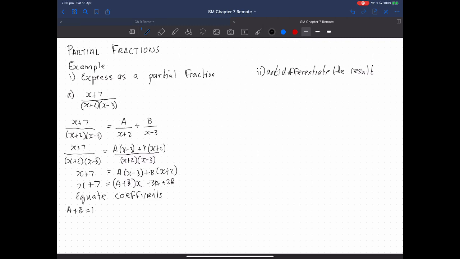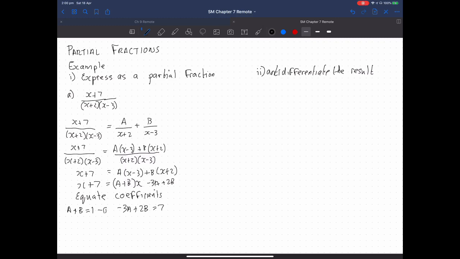What we're also saying is the constant on the left-hand side must equal the constant on the right-hand side. So -3a + 2b must equal 7.